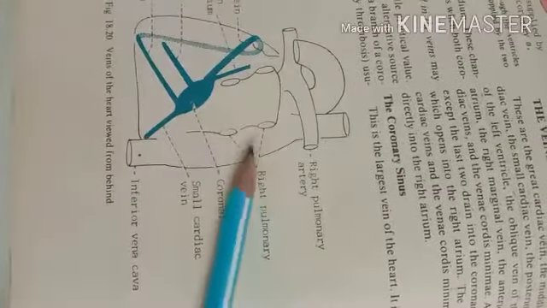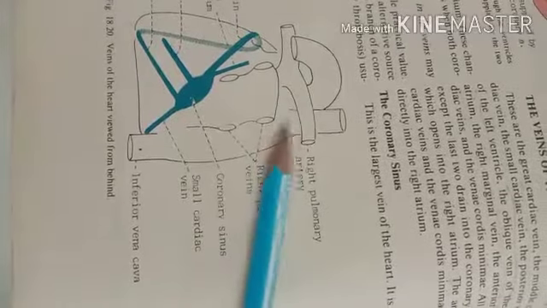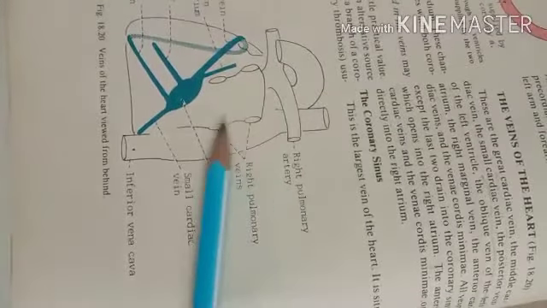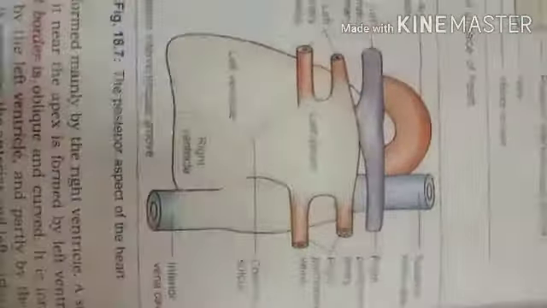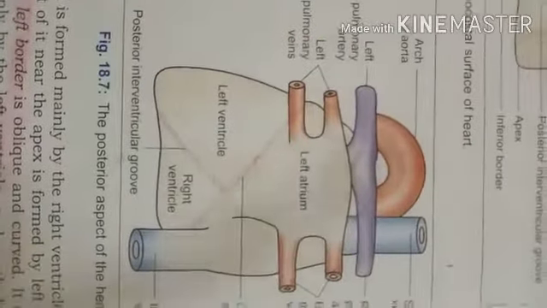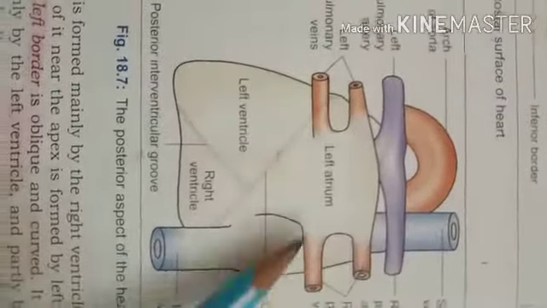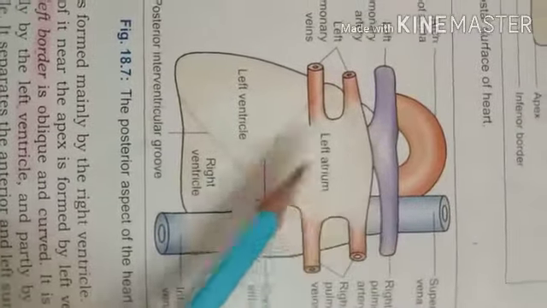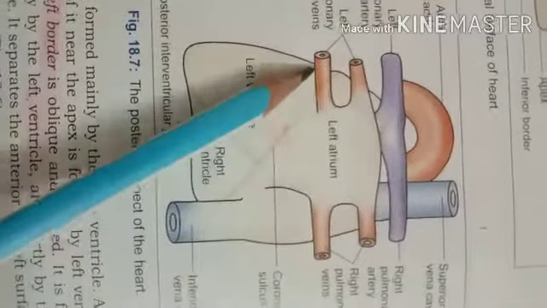Here is the right atrium and this is the left atrium. So that is the anterior wall, exactly opposite to this, formed by the interatrial septum. The 4 pulmonary veins open into the atrium on each side of the posterior wall.